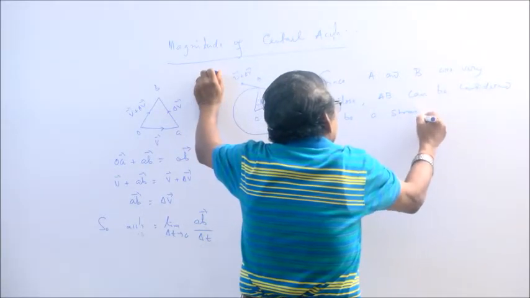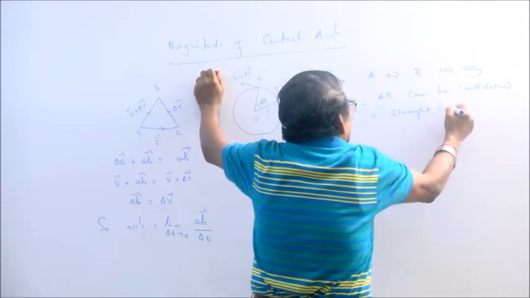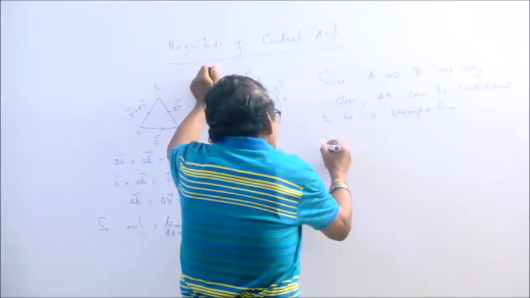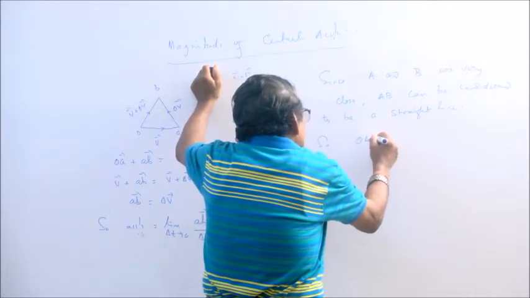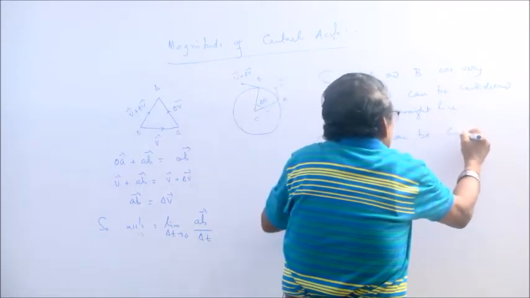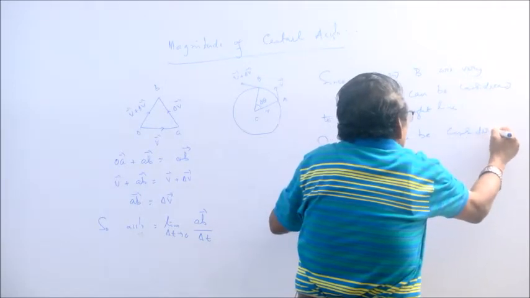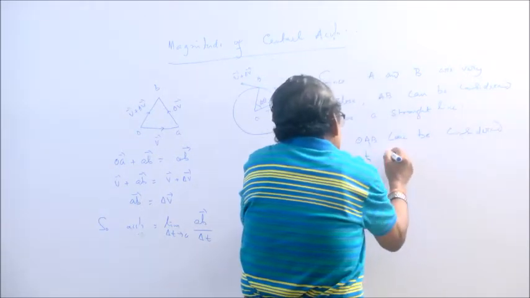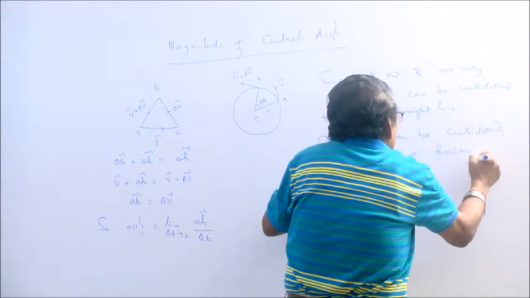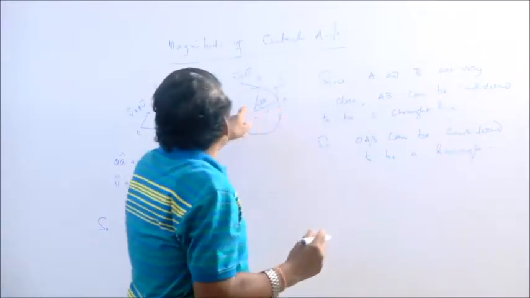So OAB can be considered to be a triangle.